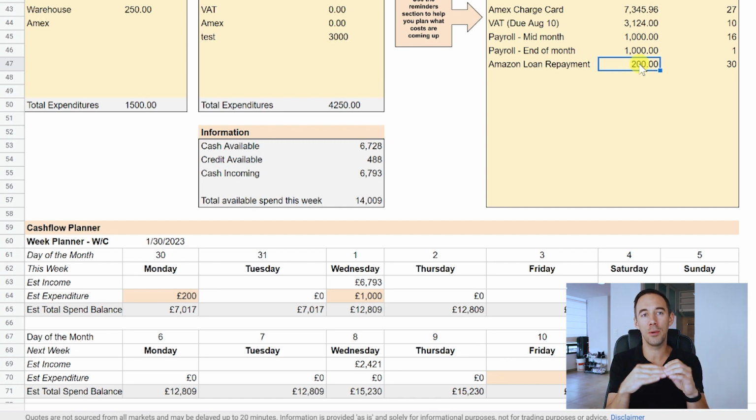But what will actually happen is that the income will be reduced by £200, so it's now 9,800, and we won't have the expense. The best way to think about it is the expense gets merged into the income before you get to see the income. But the way we deal with it is by putting it into the expenses tab and accounting for it that way, but we don't actually have to pay it because it's already been paid by the disbursement. Hope that makes sense.